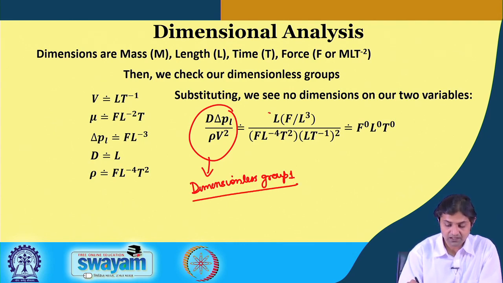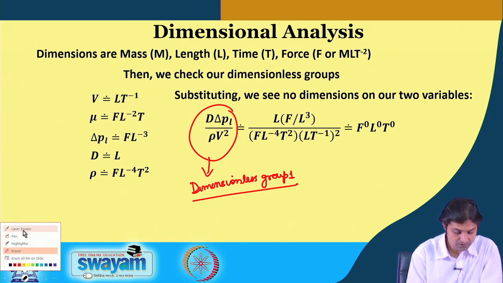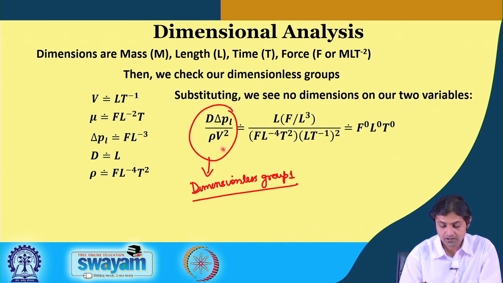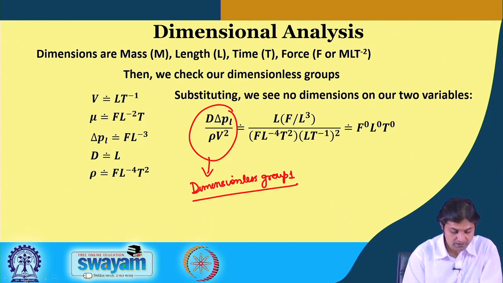D is length, delta PL is F by L cube from here, rho is F L minus 4 T square, and this is L T minus 1, the whole squared. And if you start doing this, you will get F to the power 0, L to the power 0, T to the power 0.